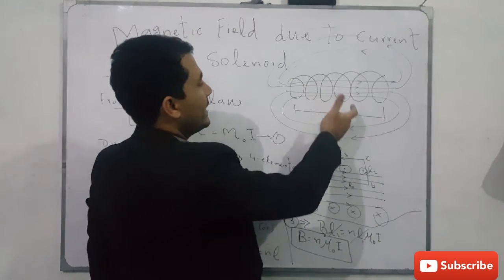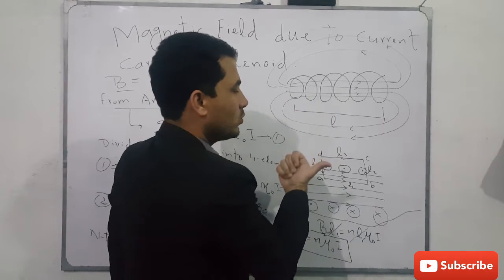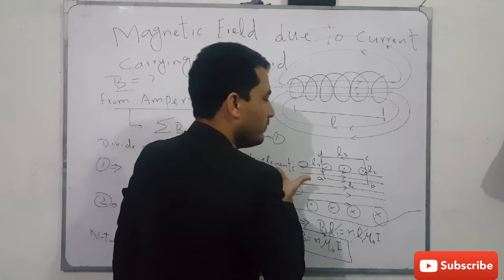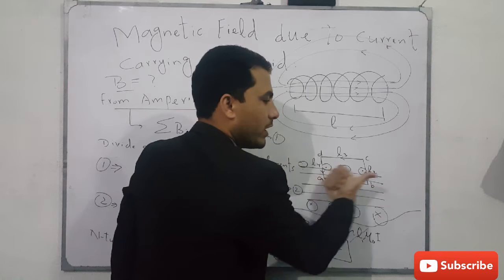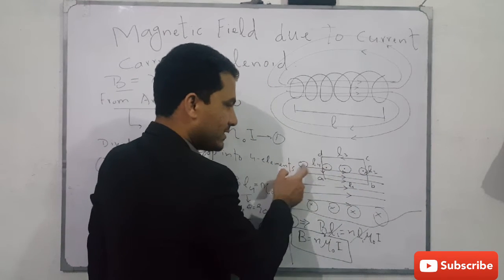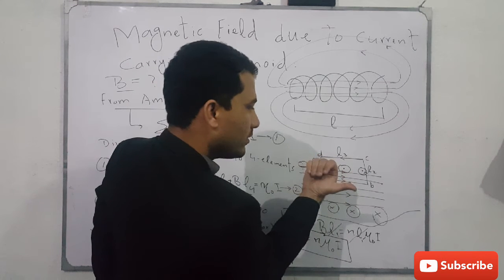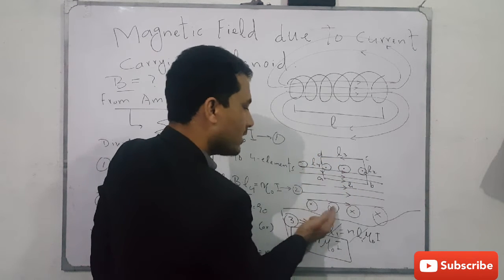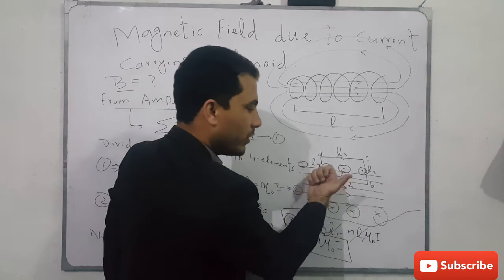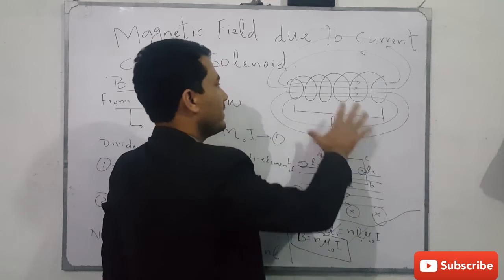In this case, the current is anti-clockwise, so the magnetic field lines will be from left to right in this direction. The dots in this diagram show that the current is coming out of the page, and the crosses show that the current is going inward into the page. So the shape of the magnetic field lines is like this.